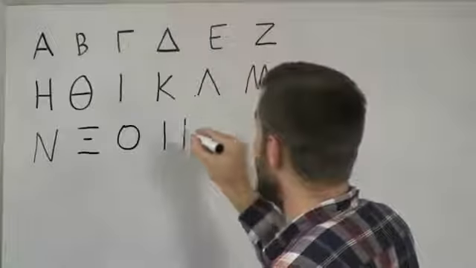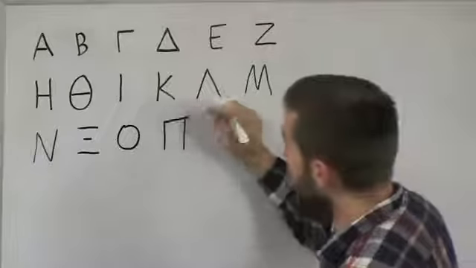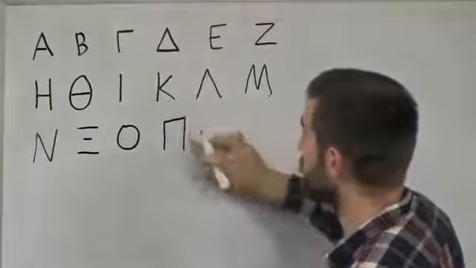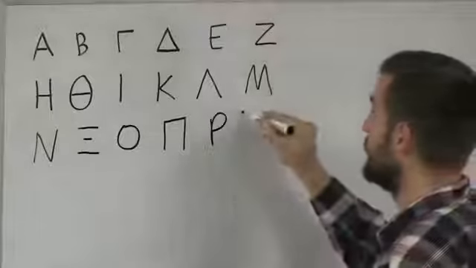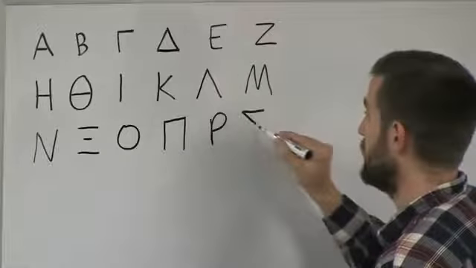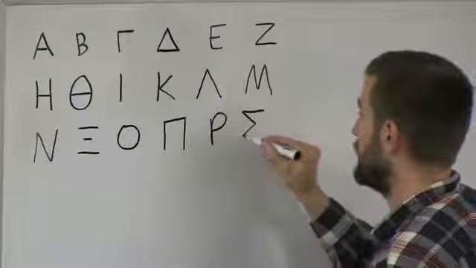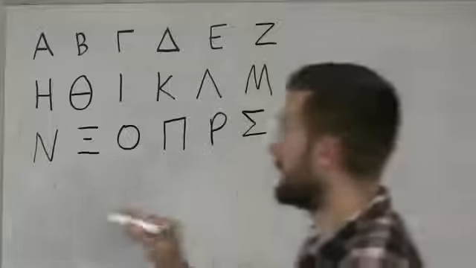Pi, okay, just like that. And then after pi, we've got, of course, rho, sigma, which is basically just a horizontal line, then a diagonal line, then another diagonal line, and then a horizontal line. That's the uppercase sigma.